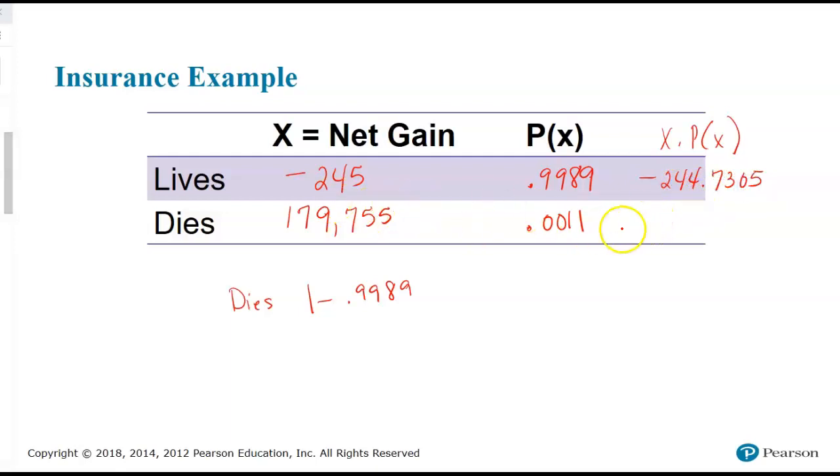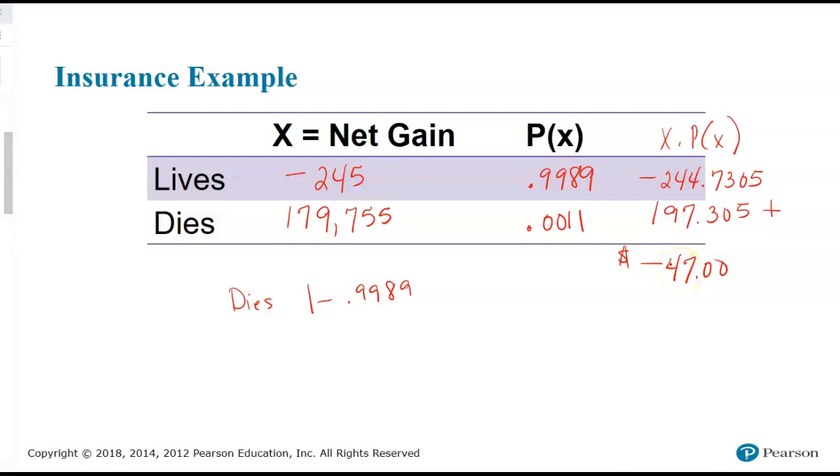We multiply it across here, we're going to have 197.305. And we know that to find the mean, we add these together, and when we add them together, we get negative 47. Okay, so basically what this is saying is that on average, the average person that has this type of insurance policy is going to lose about $47 per year with that.